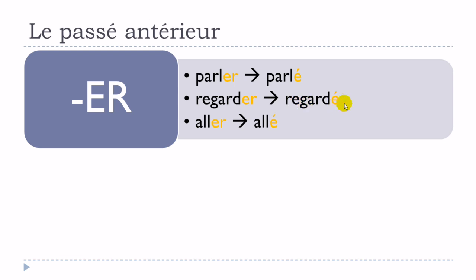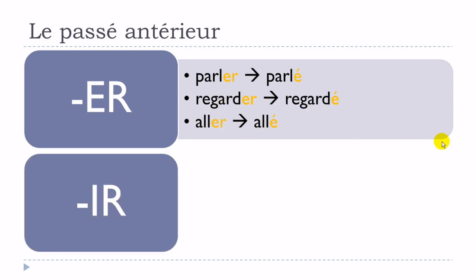Regarder will become regardé. And even this tricky verb aller, to go, remember you don't conjugate that like the verbs from the first group, but even this one, when it comes to this participe passé form, then it's quite easy because it goes like allé. Okay? Parlé, regardé, allé.